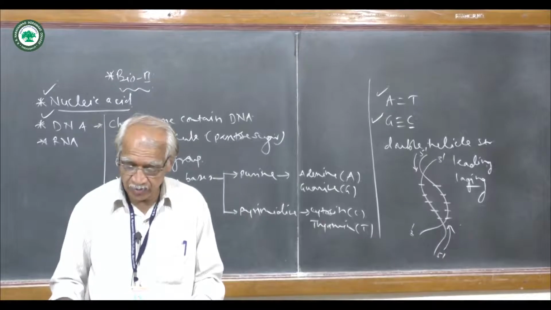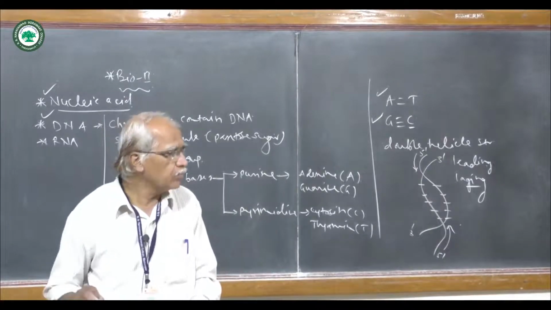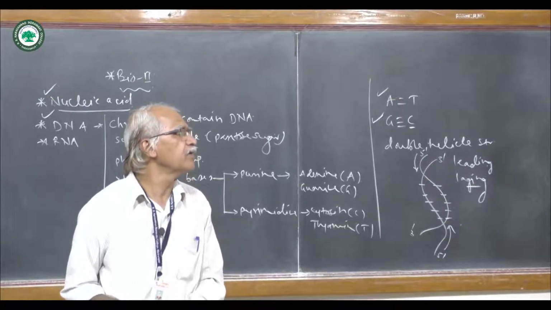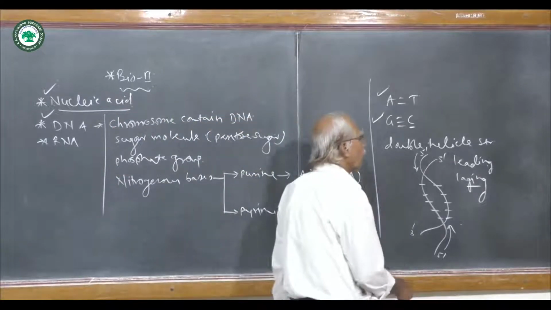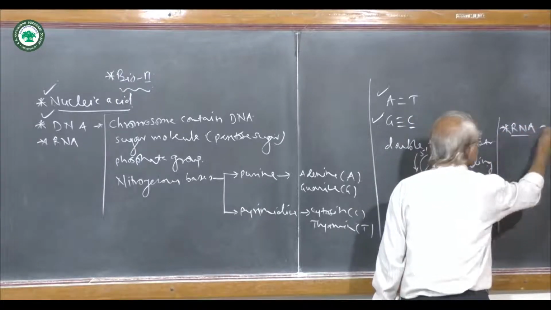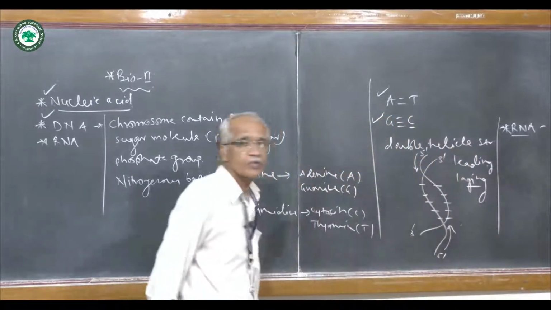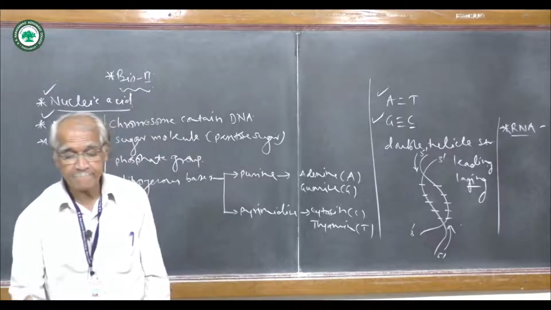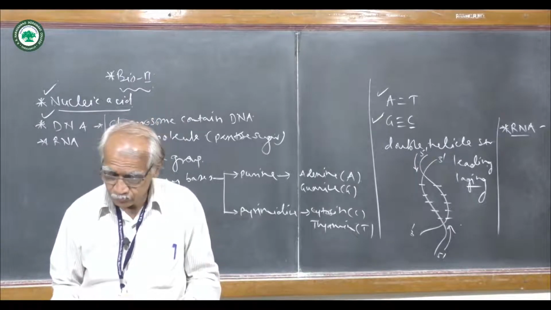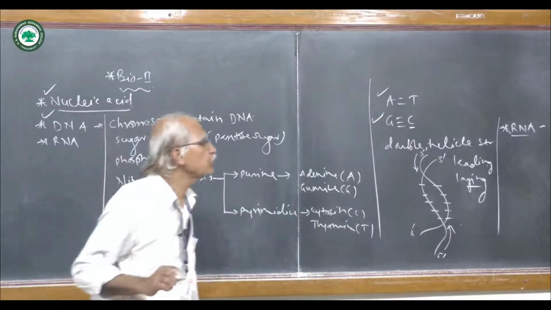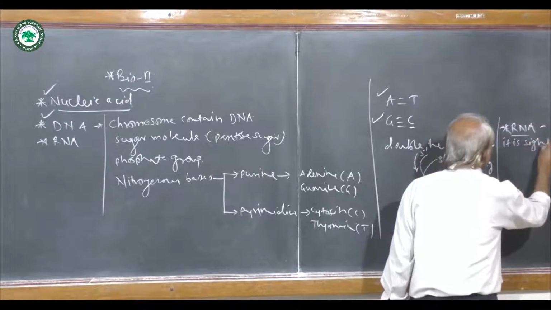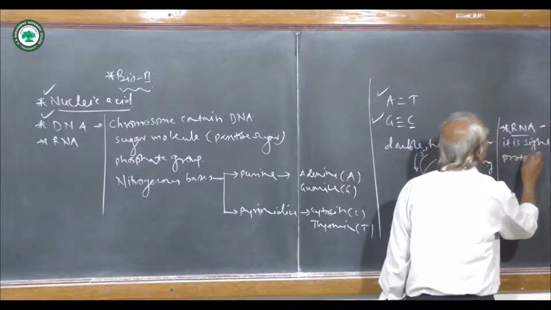It is also called ribonucleic acid. In RNA, the thymine is replaced by uracil. RNA is a site of protein synthesis.